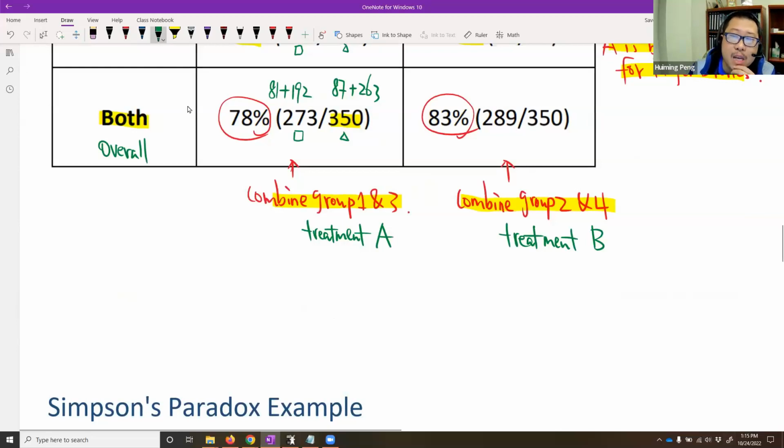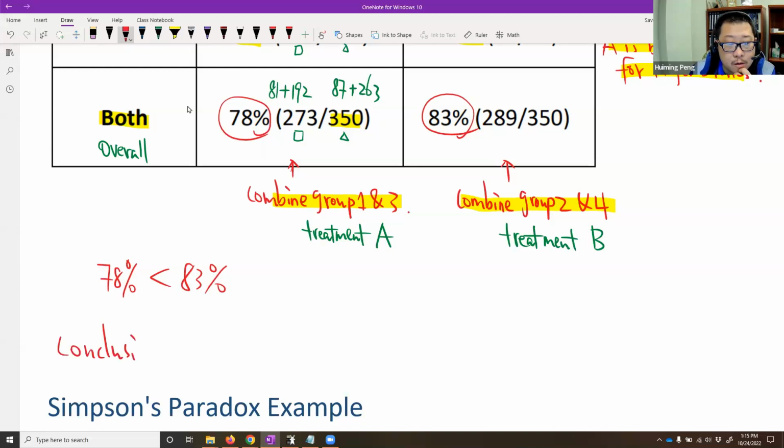Okay, so I make this conclusion because 78%, no, 83%, I mean, simply say 78%, yeah, less than 83%. So that I can make a conclusion based on the overall data.